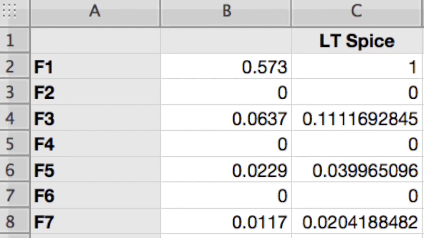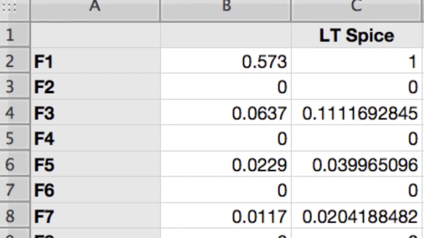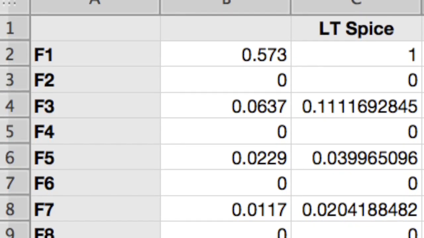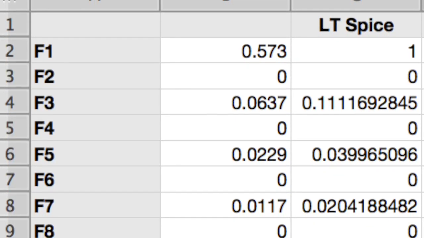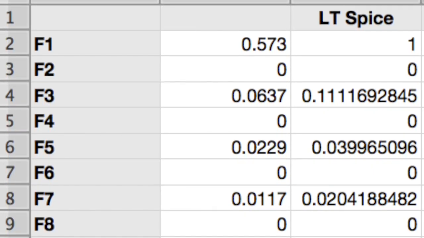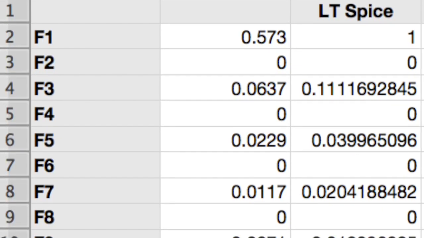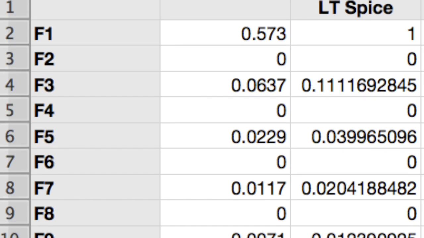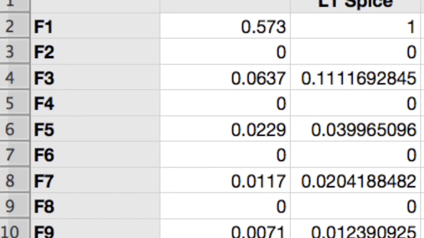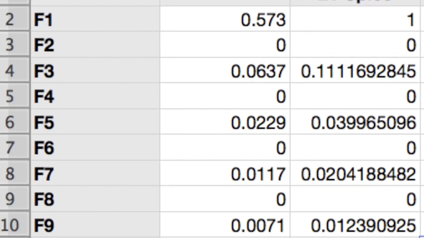The third harmonic, relative to the LTspice value, is 0.11111692845, relative to the fundamental at 1. The fourth harmonic is 0. The fifth harmonic has a relative amplitude of 0.03996.